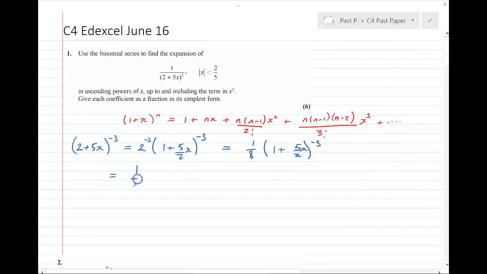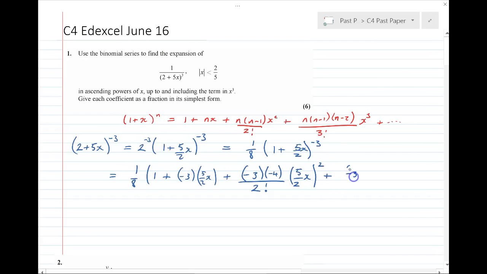That's equal to 1 over 8 times 1 plus nx, n is -3, but x is being replaced with 5 over 2 x, plus n times (n minus 1), -3 times (-3 take away 1 is -4), over 2 factorial, times (5 over 2 x) squared, and we need to go up to the next term as well.